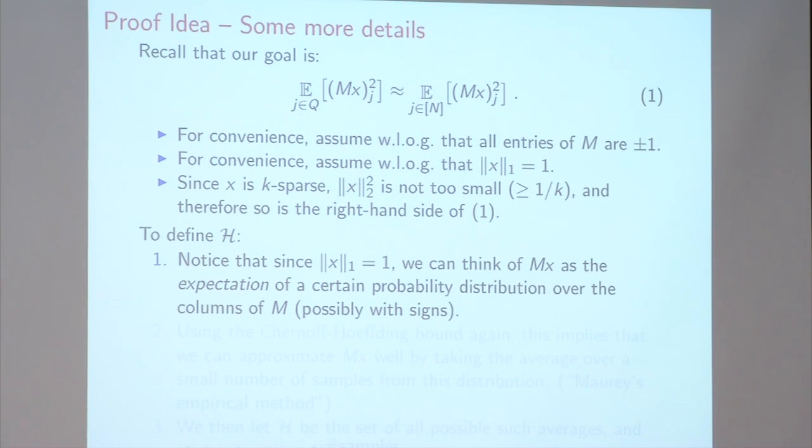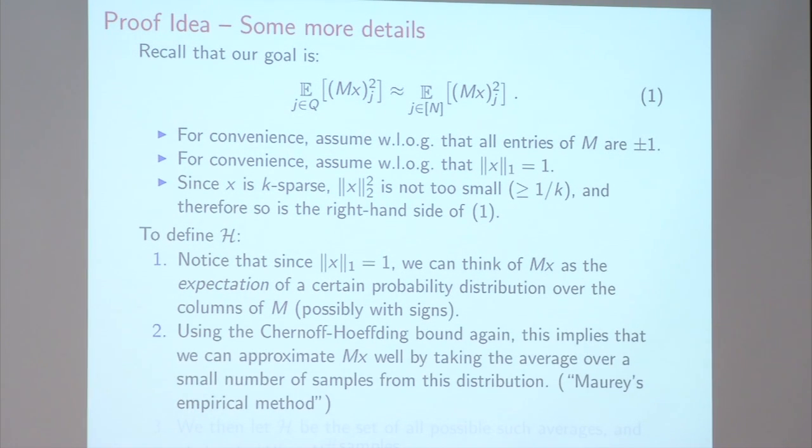So because we can think of x as a probability distribution, well, what is Mx? Mx is an average, some expectation, or convex combination, I should say, of some columns of M. And this is a very useful realization because now, using Chernoff, whenever I have a vector x of L1 norm 1, I can think of Mx as being some average of columns of M, and hence I can approximate Mx by taking a sample of columns from that distribution.